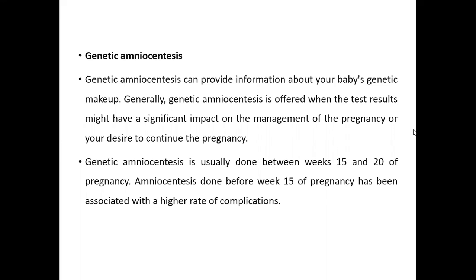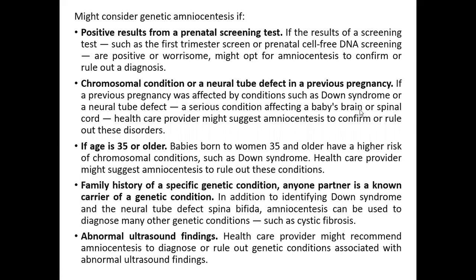Genetic amniocentesis is usually done between 15 to 20 weeks of pregnancy. If it is done before the 15th week, it may lead to complications. The test might be considered if there are positive results from a prenatal screening test.